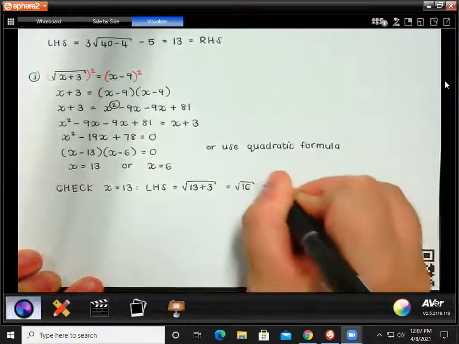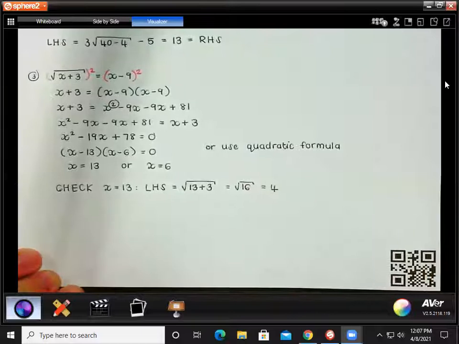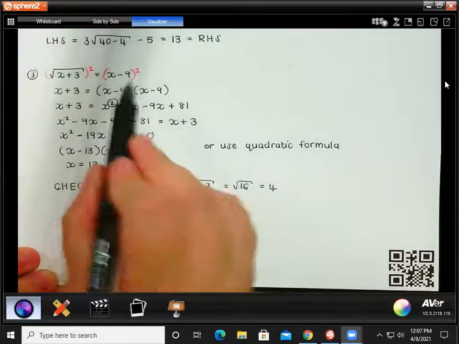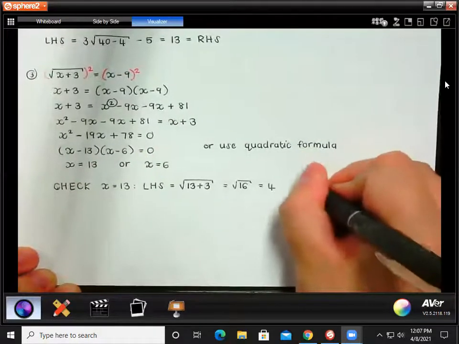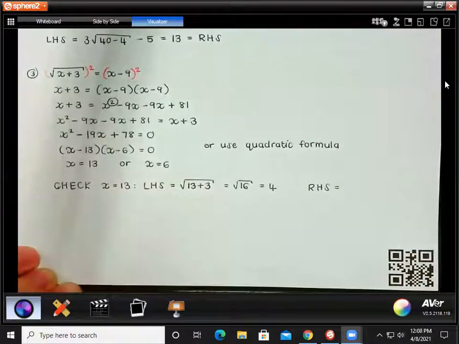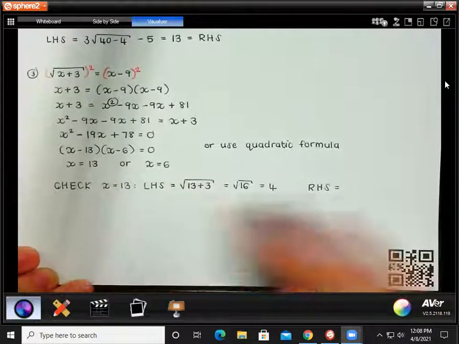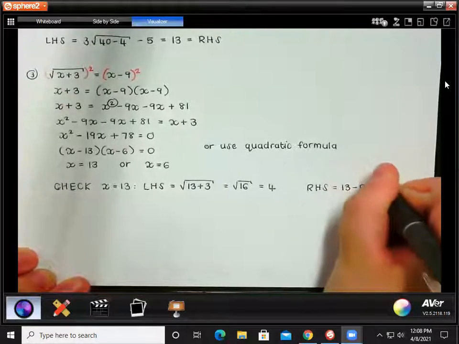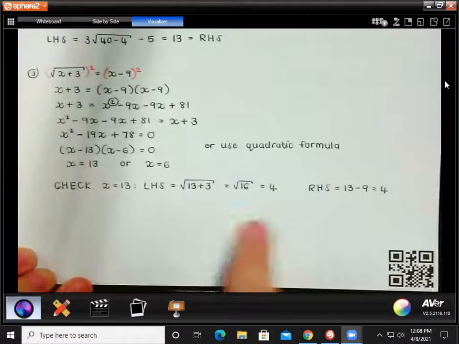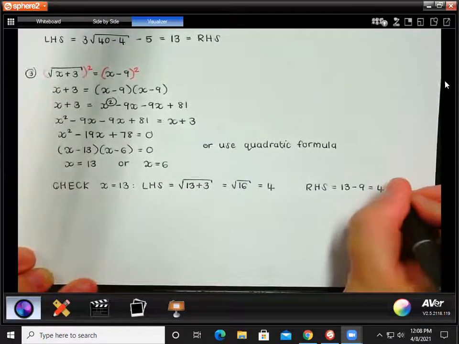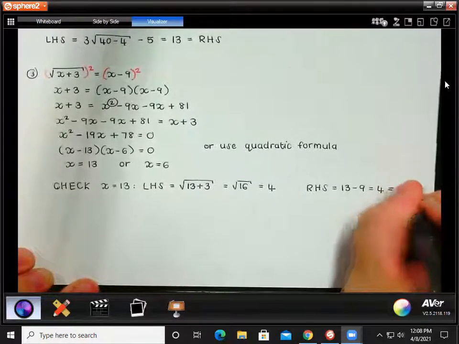Which is what? 4. What do I have on the right, guys? I'm just going to say here, RHS. On the right, we have x minus 9. And our x value that we're checking is 13, right? So 13 minus 9 is also 4. Is my left-hand side equal to my right-hand side? Yes. Okay, so I'm just going to put an equals LHS here.